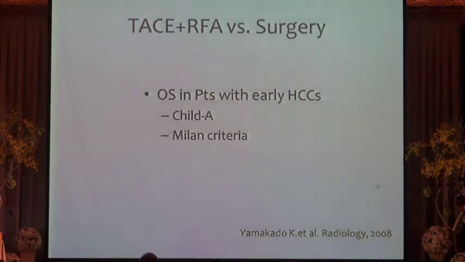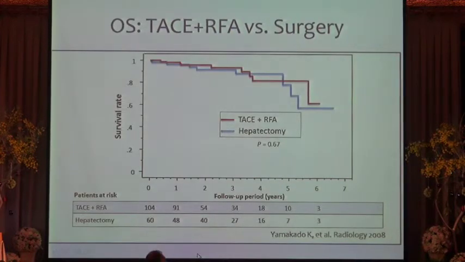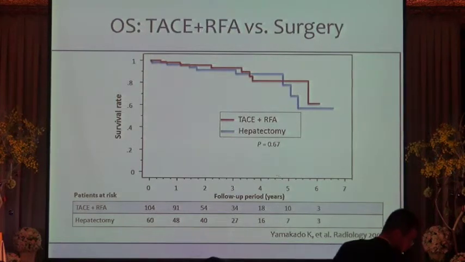We compared the overall survival in patients with early HCC lesion 6 years ago between the combination therapy and surgical intervention. Although this is a retrospective study, we know that this combination therapy can provide the same survival rate as that after surgical intervention.